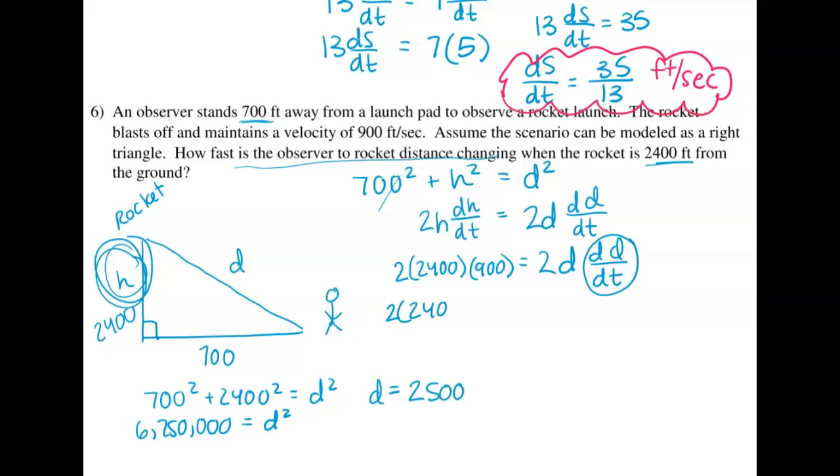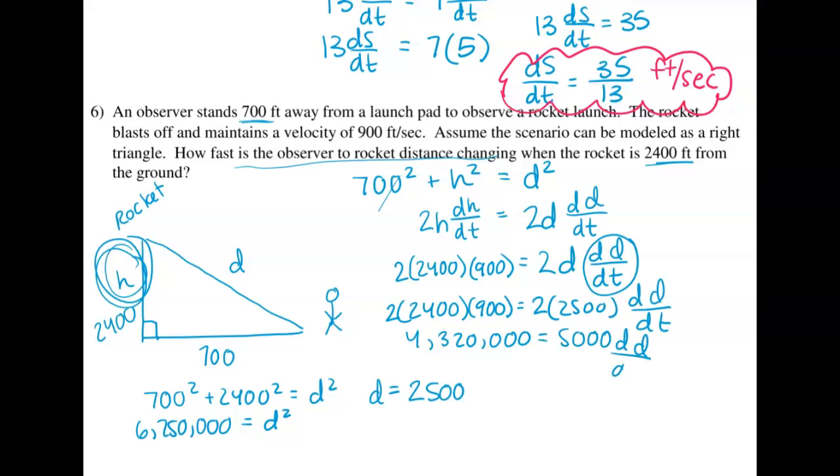2 times 2,400 times 900 equals 2 times 2,500 times dd/dt. So 2 times 2,400, and you can solve this all at once if you want, but this left side is 4,320,000. And this is 5,000 dd/dt.